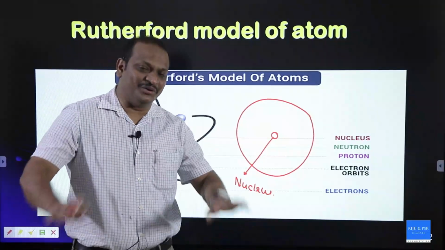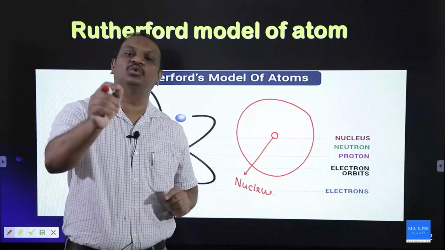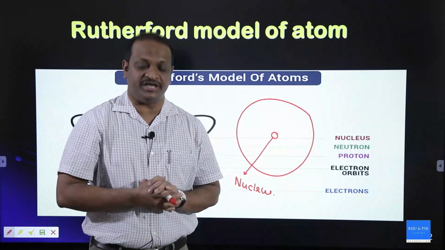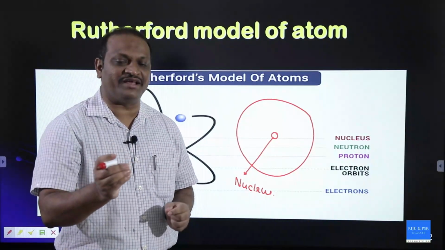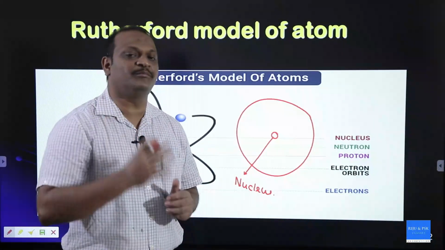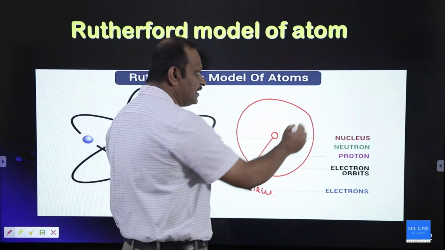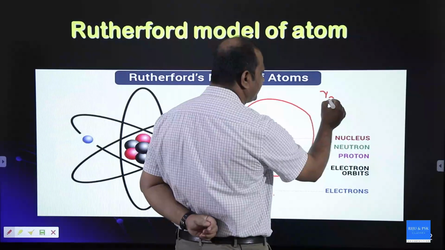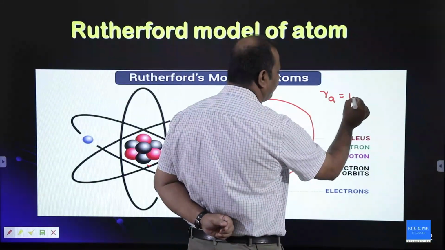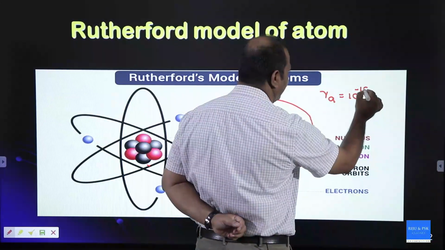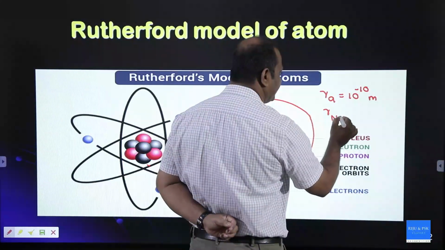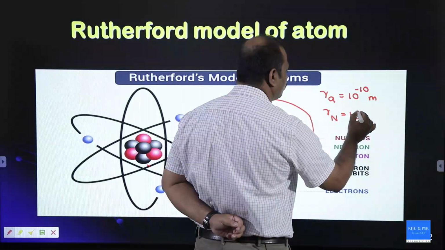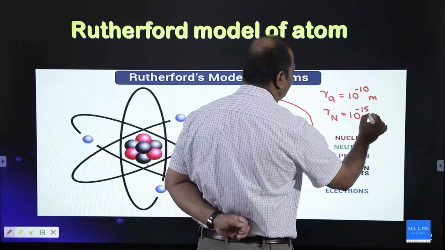And compared to the size of the atom, the size of the nucleus is very small. See, if you consider the atom just like a cricket ground, the size of the nucleus is comparable to the size of a ball. Or you can write that the radius of an atom is of the order 10 raised to minus 10 meter, whereas the radius of the nucleus is of the order 10 raised to minus 15 meter.